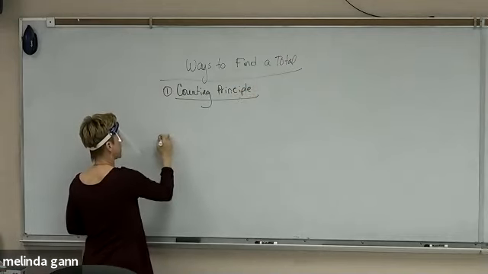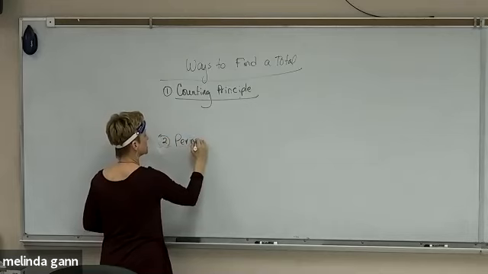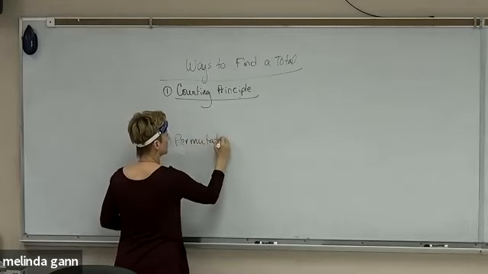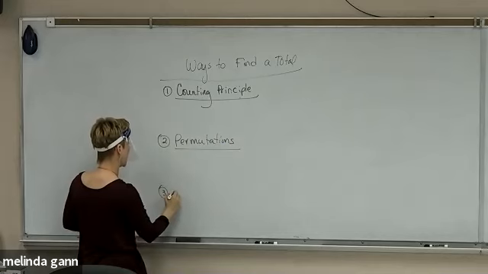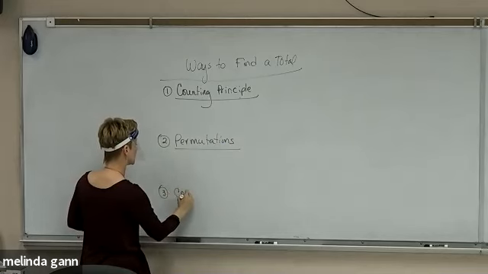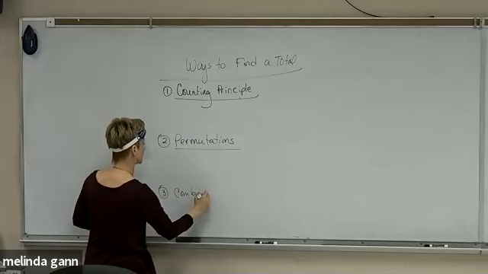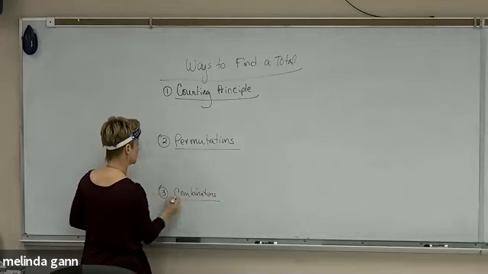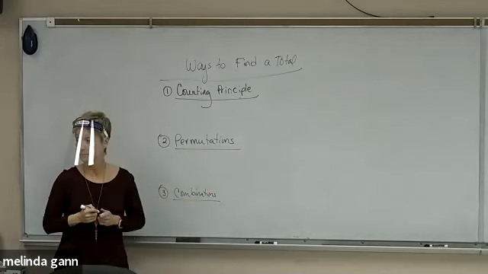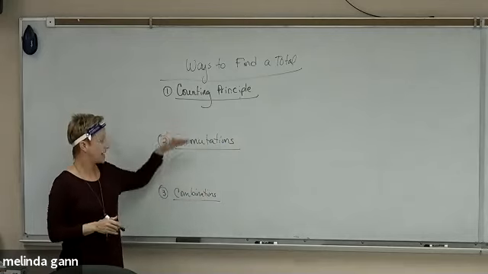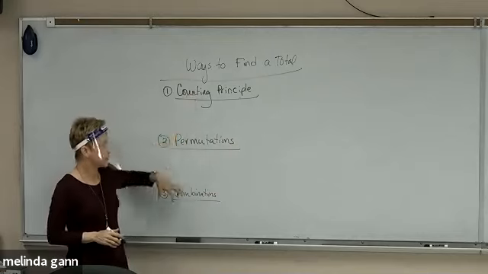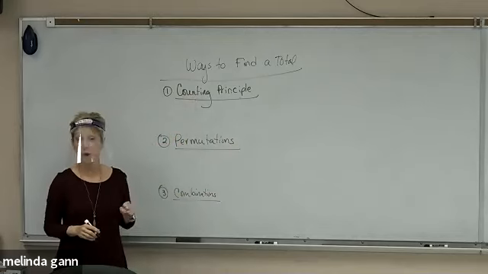The second thing is going to be something called permutations. And the third thing is going to be something called combinations. Okay. And I'm going to tell you some facts about each, and then I'm going to distinguish between them, and we're going to go work some problems.